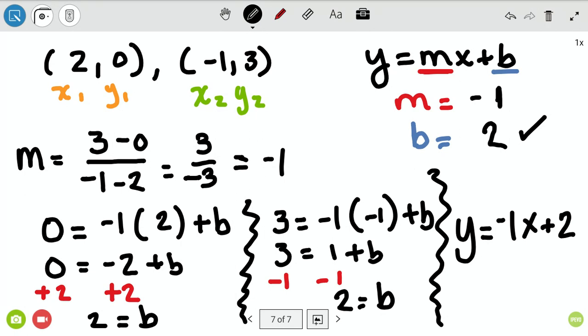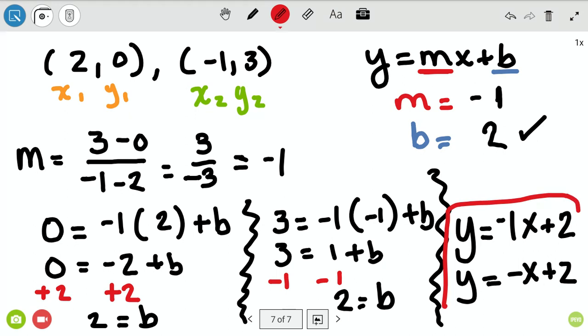And again, an acceptable way to write this is y equals negative x plus 2. You can write the 1 in front of the x or not. You just have to know it's there. When we start graphing these, you've got to know that it's there. But either one of these is an acceptable answer for your problem.